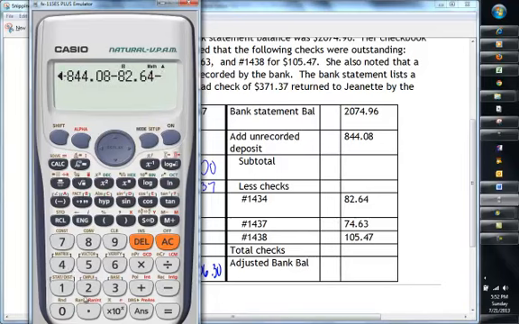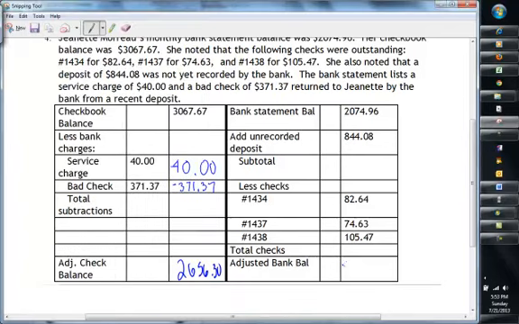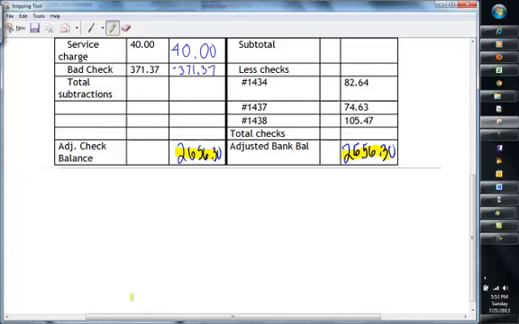It didn't have the check for $74.63, and it didn't have the check for $105.47. So it thinks you have $2,656.30.